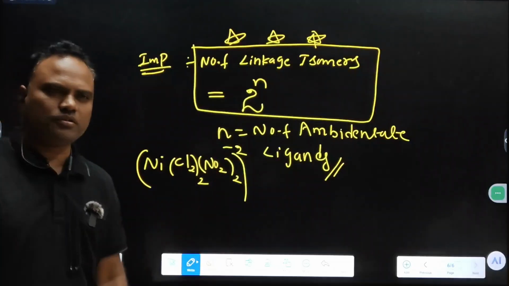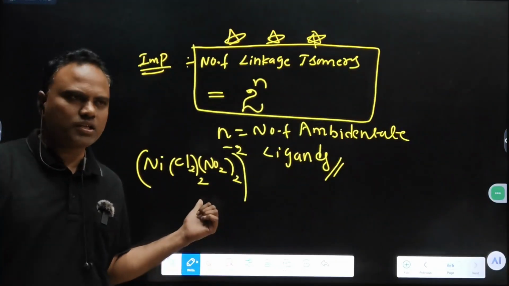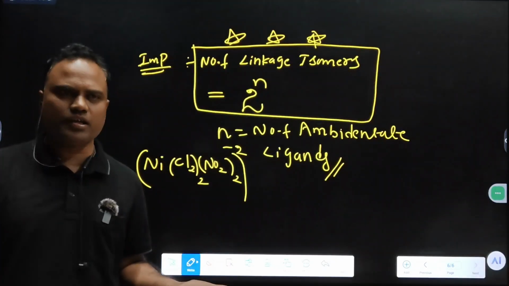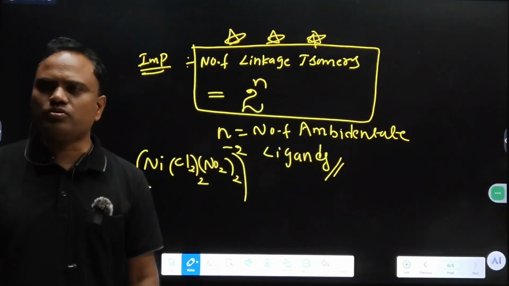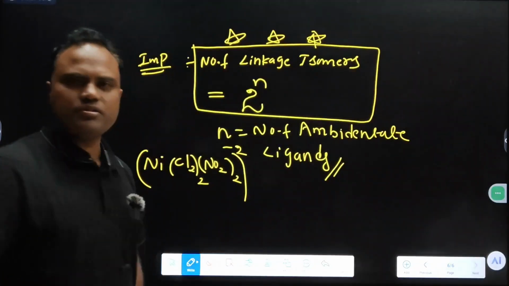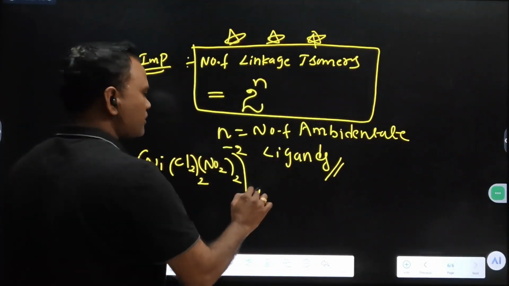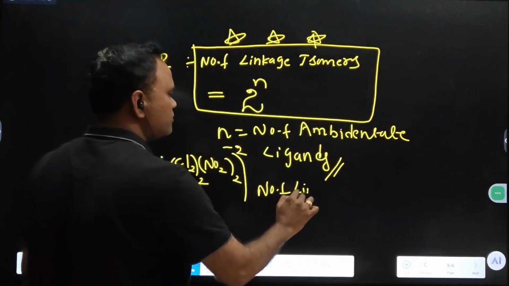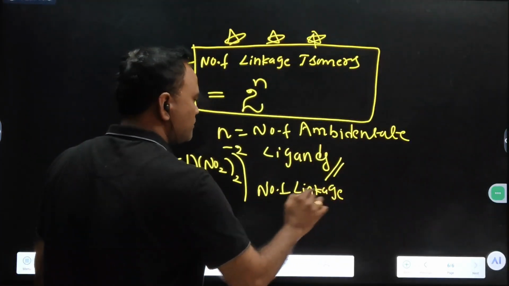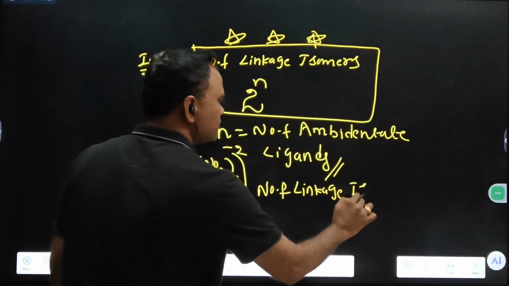How many ambidentate ligands are there? 2. NO2 is an ambidentate, okay? Taken twice means 2. So, tell me the number of linkage isomers.